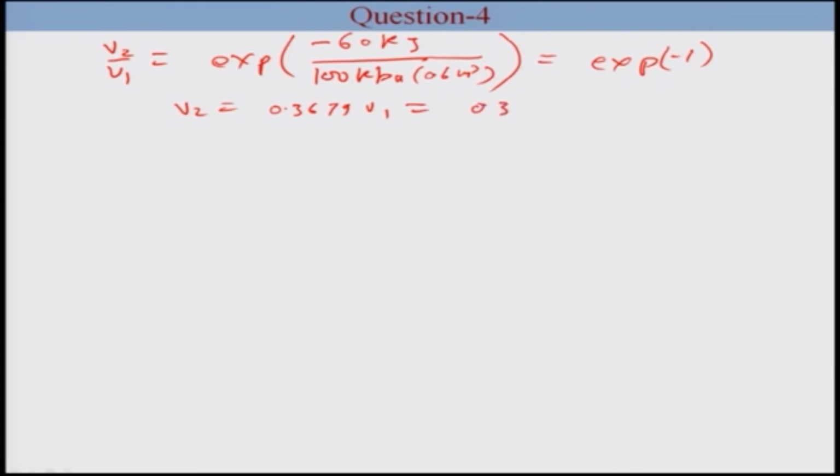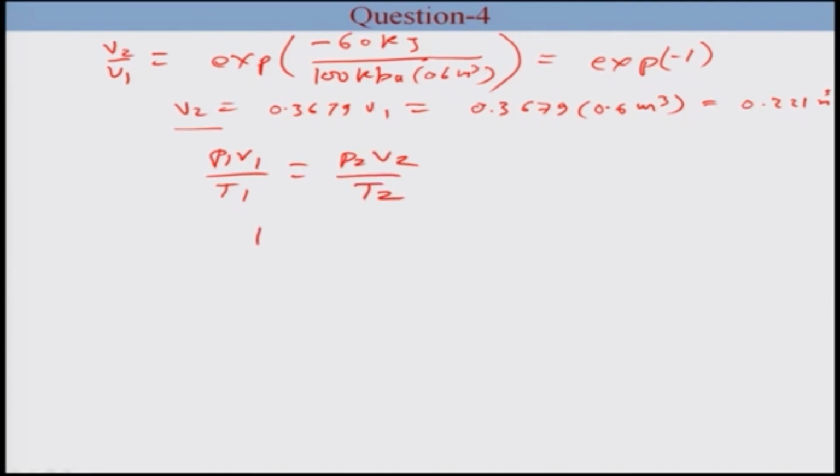So 0.3679 into 0.6 meter cube gives V2 equal to 0.221 meter cube. So this is the final volume. We need to find the final pressure of the ideal gas as well, which can be found from the ideal gas law. From the ideal gas law, P1 V1 upon T1 will be equal to P2 V2 upon T2.